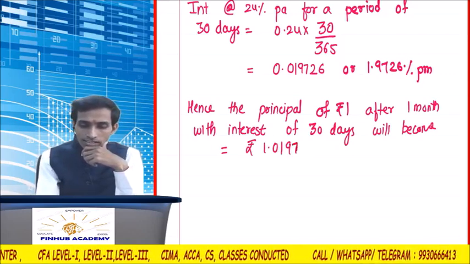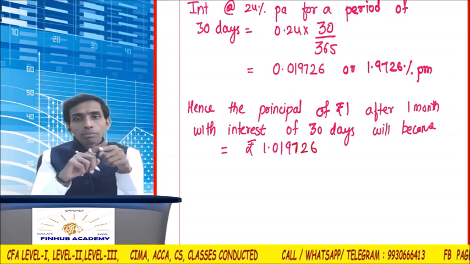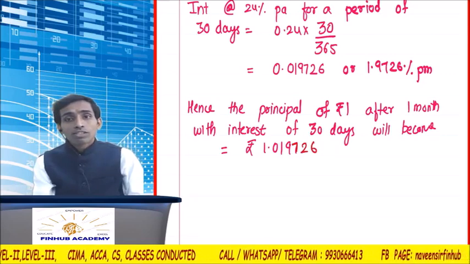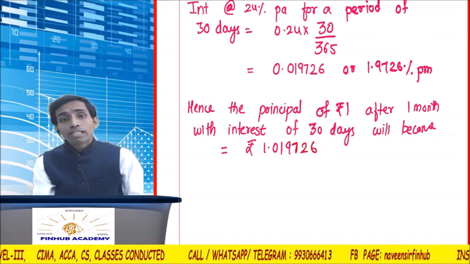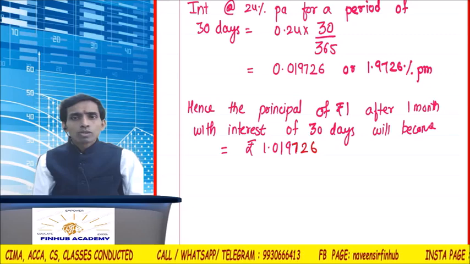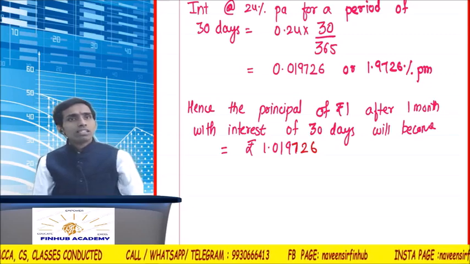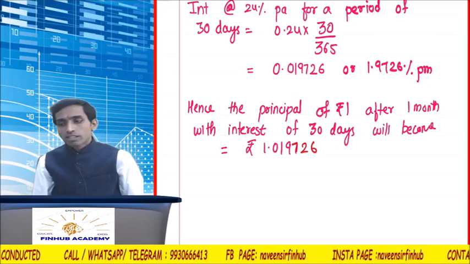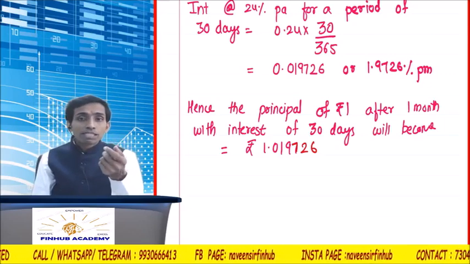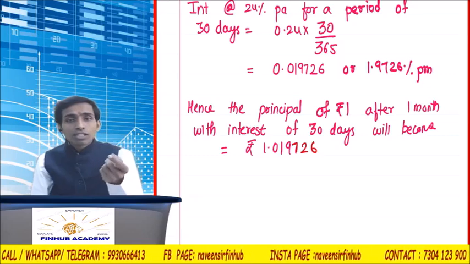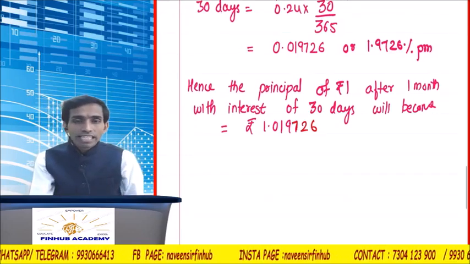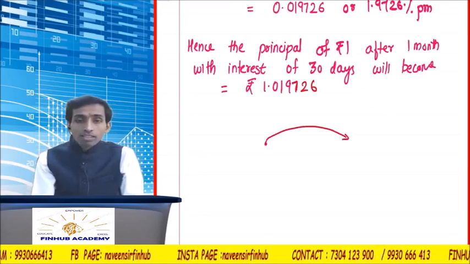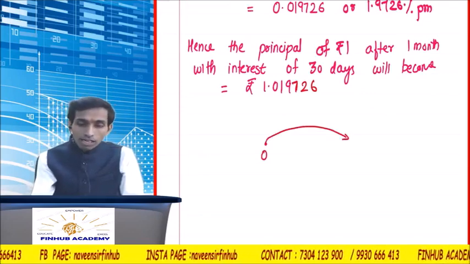Anybody has a doubt in this? 1 rupee plus the interest on 1 rupee. On 1 rupee, how much? 0.019726. Clear? Understood? So this much, please understand, I should get from you after 1 month.